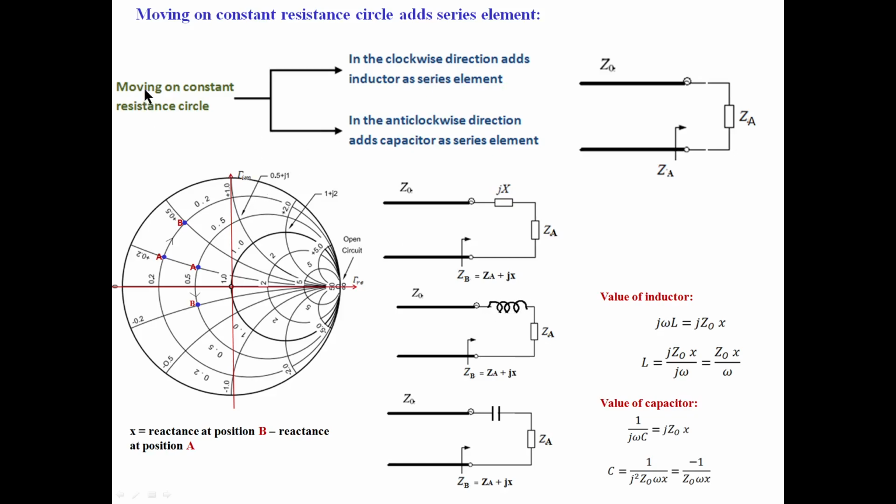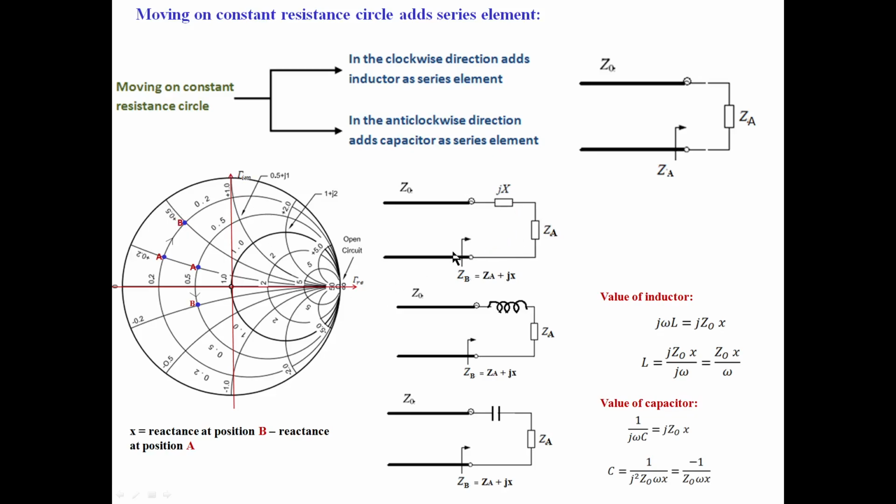Moving on a constant resistance circle in the anti-clockwise direction adds a capacitor as a series element. The values of these we can calculate using this. Reactance is added in series like this.